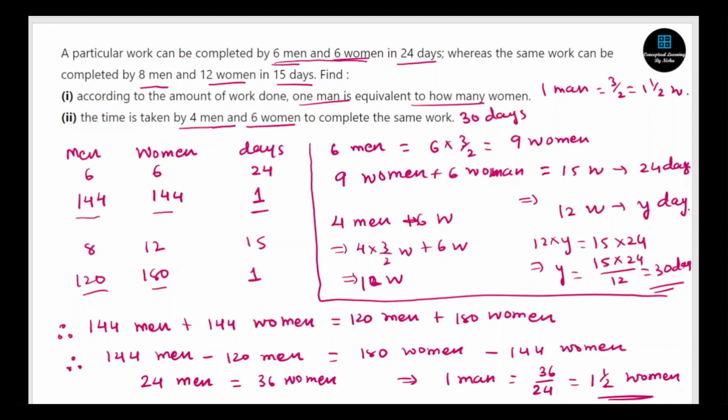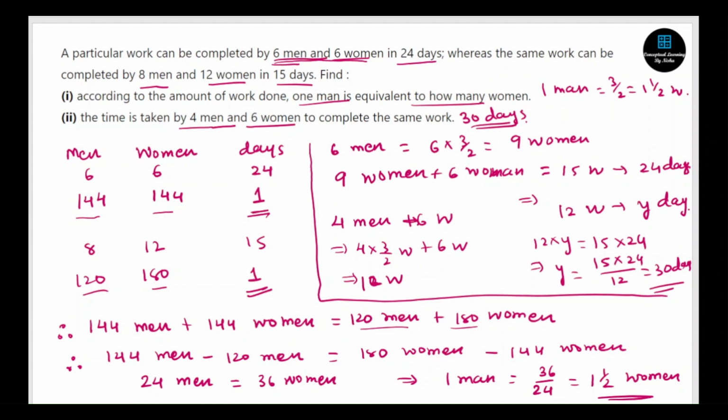So you have to write your final answer. See, very complicated question. So what we have done, first of all, we made for one day how many men and women can work, for each of the cases. Now we found one man is equivalent to how many women. For that we just equate these two values which we are getting here. Once we get one man equals how many women, I can find for this or this.